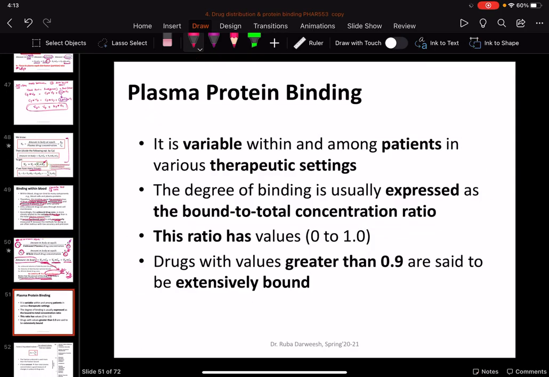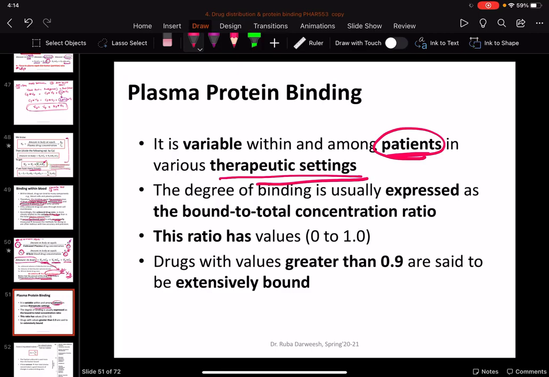Okay, for the plasma protein binding, which we talked about a little bit before, it's variable among patients at different therapeutic settings, and we mentioned that at different disease disorders, we have different protein binding fractions or percentages because we have different protein concentrations and affinities.